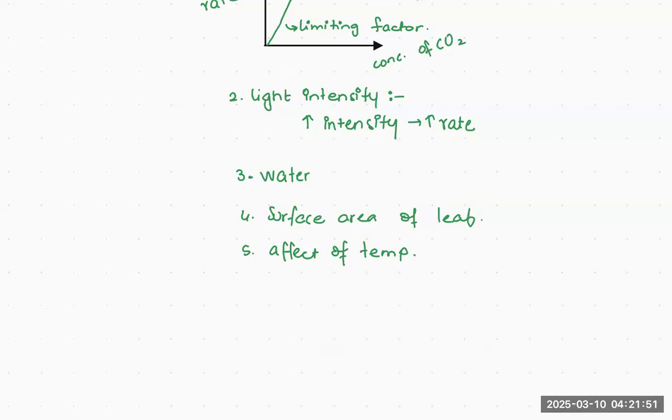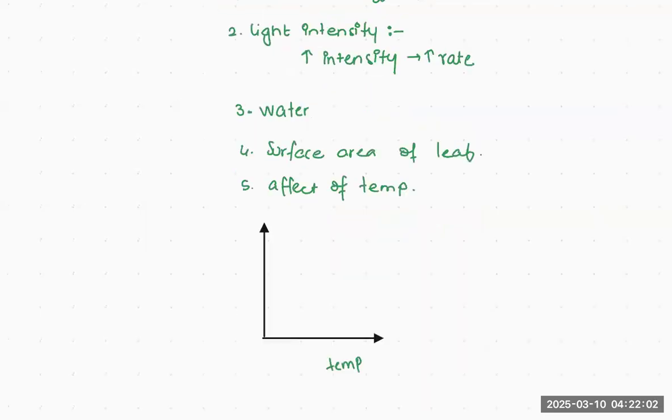I think if there's a very high temperature, then the enzymes will get denatured. Yes. So your graph is going to look something like this, right? You have to relate this to the topic of enzymes. Initially, as the temperature increases, the rate of reaction will increase until you reach your optimum temperature.